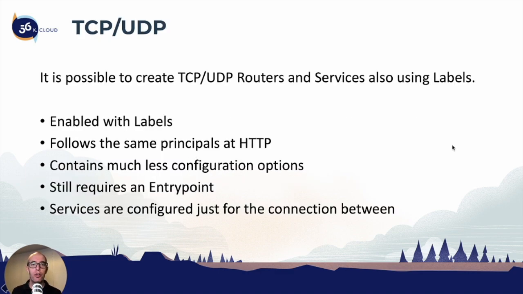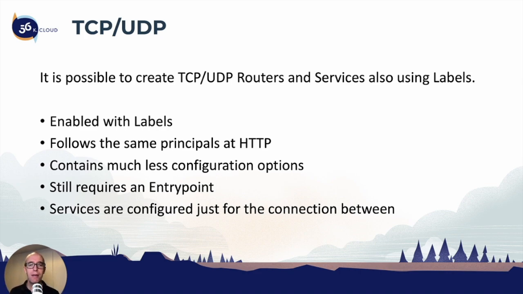TCP, UDP, so everything we do with the service in the labs can be applied to TCP and UDP. So if we want to deploy a service, you basically repeat the lab as a TCP or UDP service, and you can then easily deploy your application as a TCP service or UDP service. Now, it's interesting, it's enabled exactly the same as a normal HTTP service. It follows the same principles, but the configuration is much, much less.